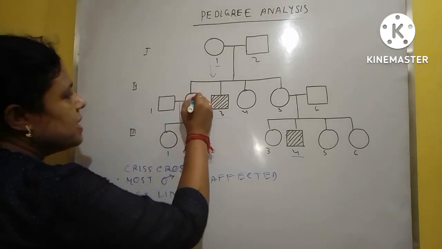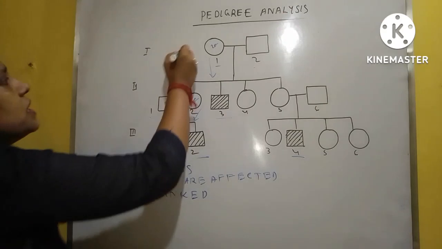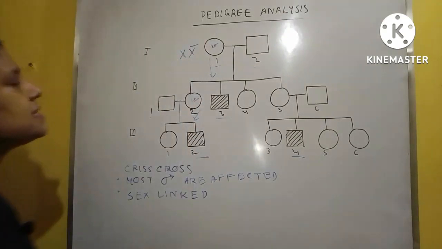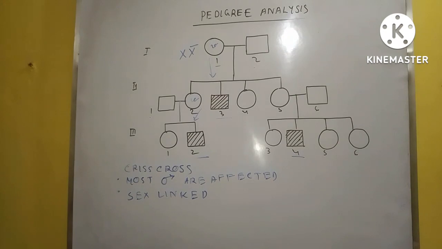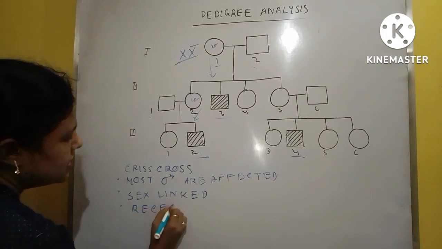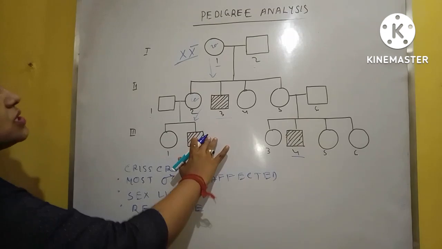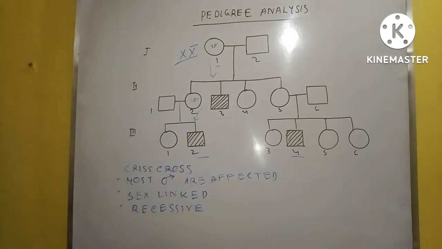So here the female is the carrier, because in case of a recessive gene, the female that carries one disease gene shows normal or unaffected. So here it is obviously recessive, because the female shows unaffected but is a carrier. Otherwise, if females were not affected and not carriers, the male young ones would not be affected.